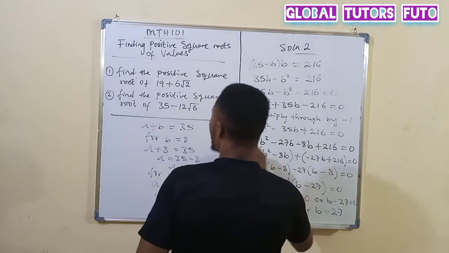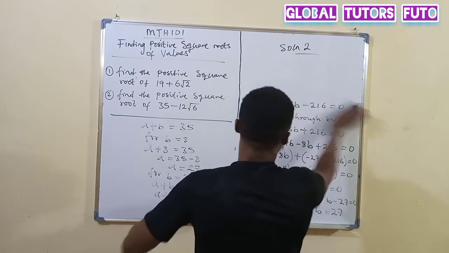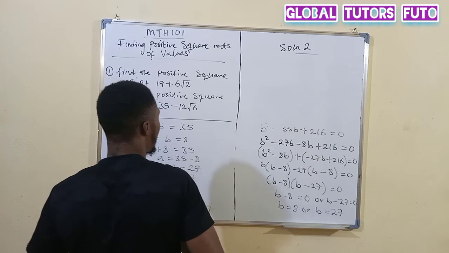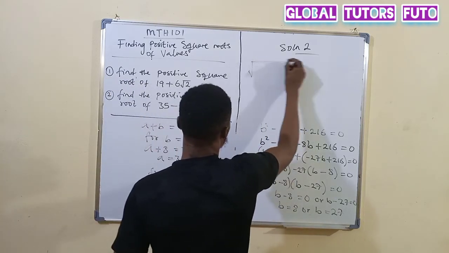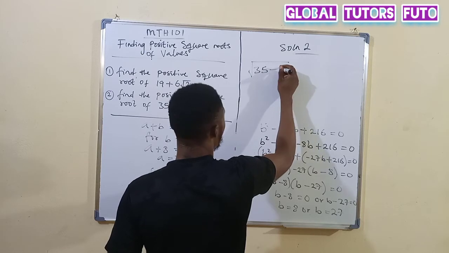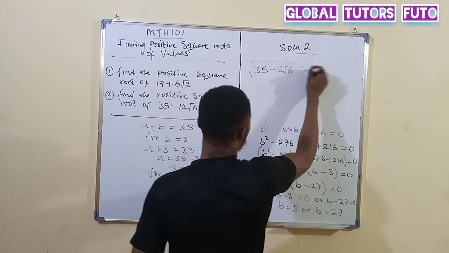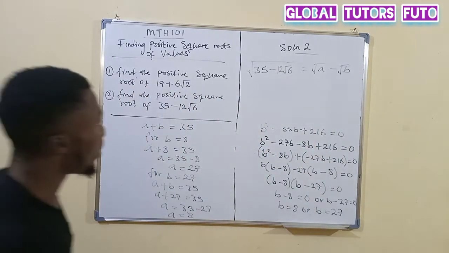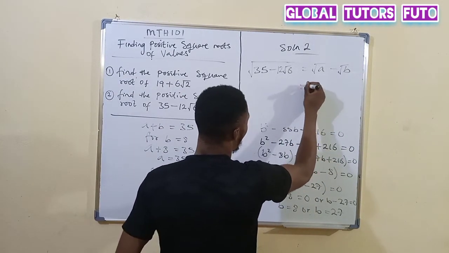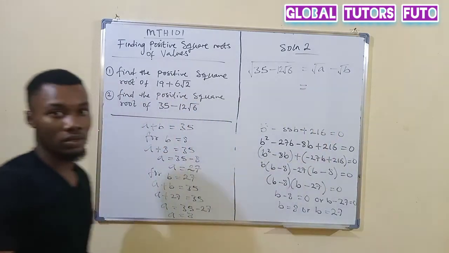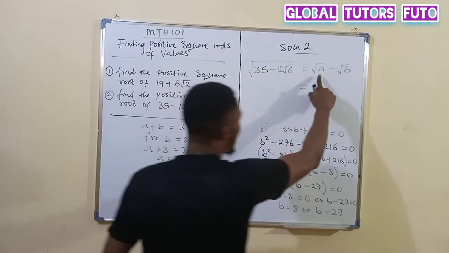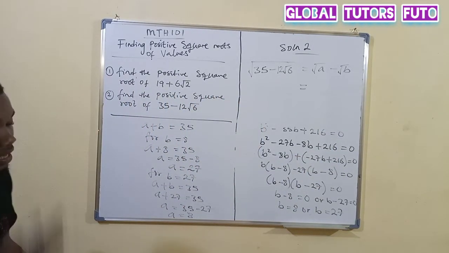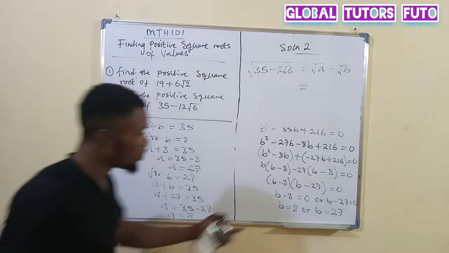So from all indication, the positive square root of 35 minus 12 root 6, which was equal to root A minus root B. So let A take the bigger number and let B take the smaller number.